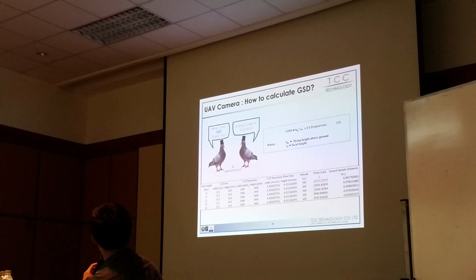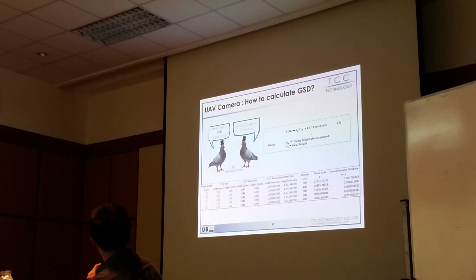Okay, and the image resolution is here. And then we do the calculation using this formula. We can calculate the ground sampling distance as shown here.